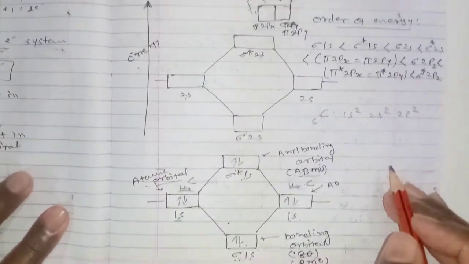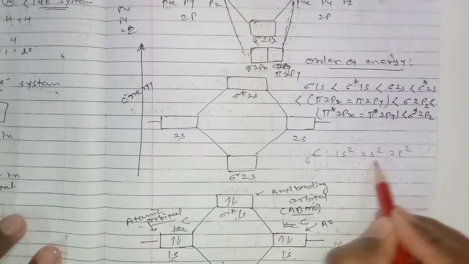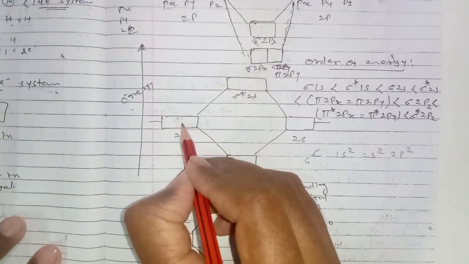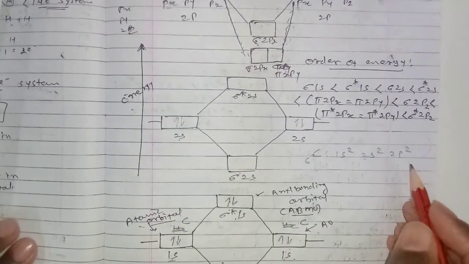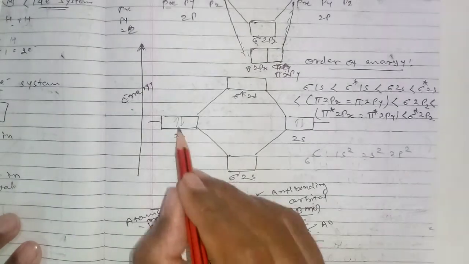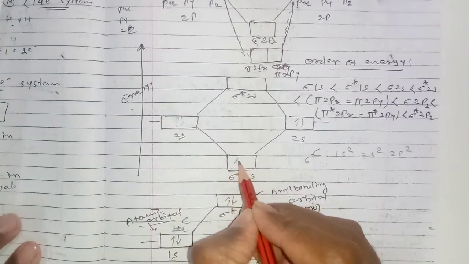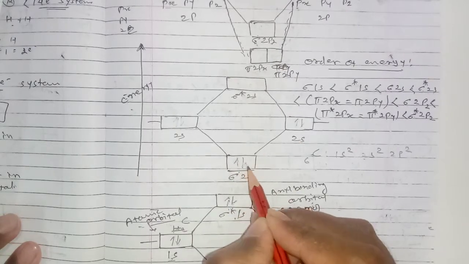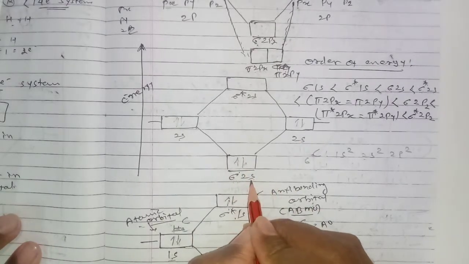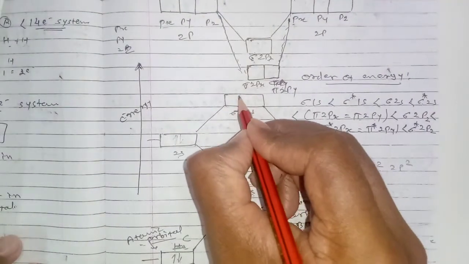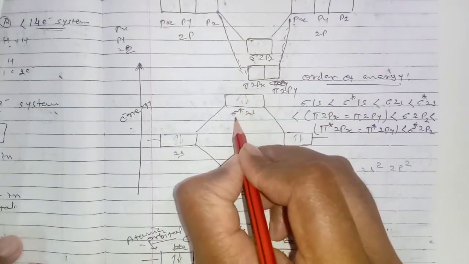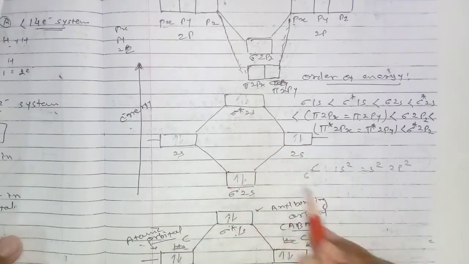Now in the 2s orbital there are 2 electrons, 1 electron in the bonding sigma 2s orbital, and 1 electron in the sigma antibonding 2s orbital.